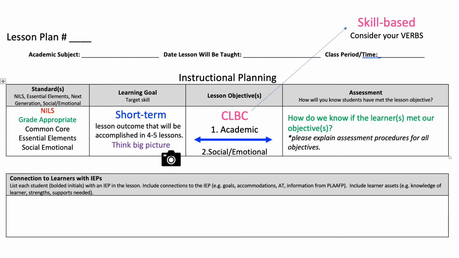Up next, we have our assessment procedures. How will we know if our students are meeting the lesson objective? You're going to specifically describe here and illustrate the data collection tool or tools that will be employed to measure each learner's performance in relation to each instructional objective. If appropriate, please attach a copy of the data collection tool or tools.